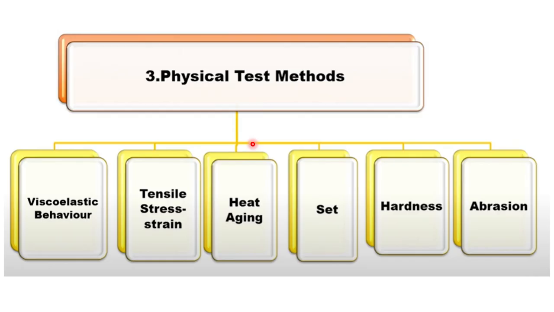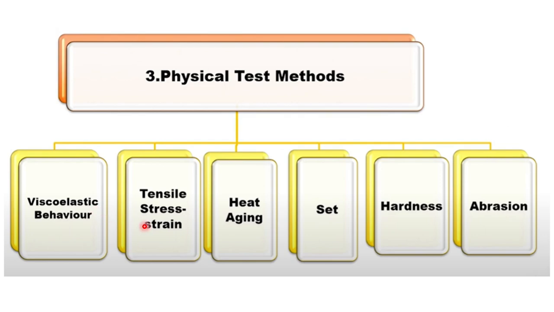So those are the different spectroscopy and analytical techniques. Another part is the physical test method. These are all branches of reverse engineering. For that, one must check the viscoelastic behavior, tensile stress-strain, and heating rate.